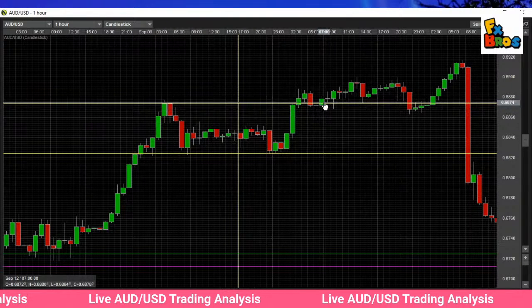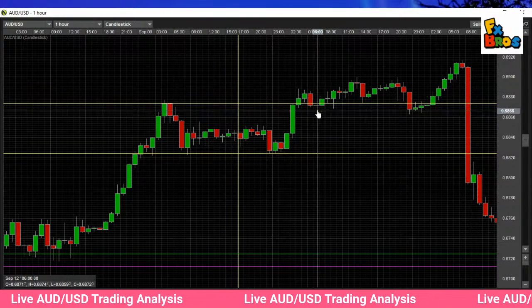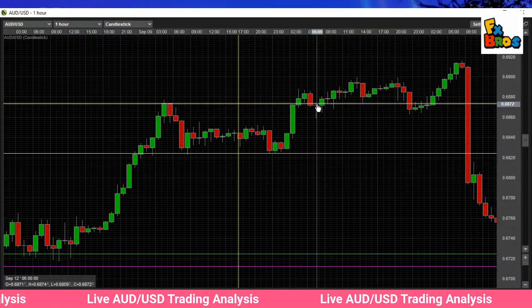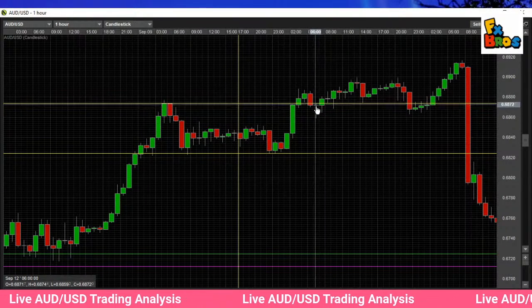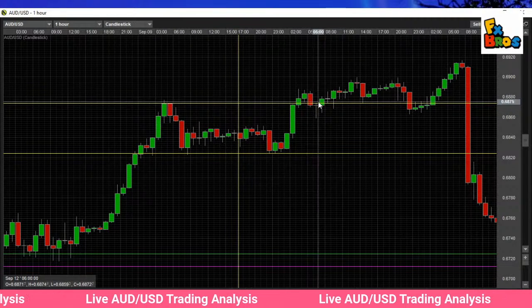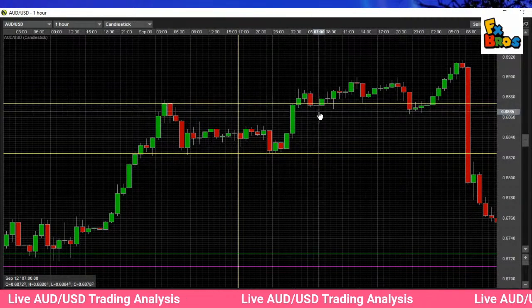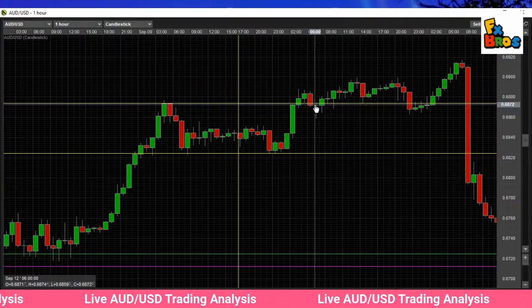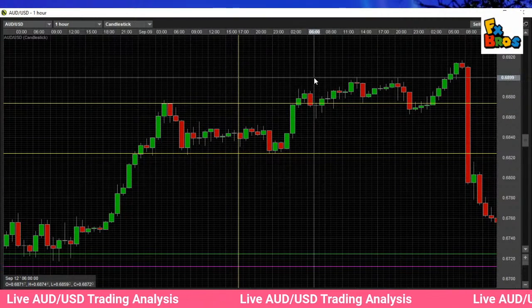So when you see the confirmation, you get a nice swing. The middle candle is the lowest between the first and third, if you will. If it's a bullish swing, then that middle candle should be the lowest. If it's a bearish swing, that middle candle should be the highest.